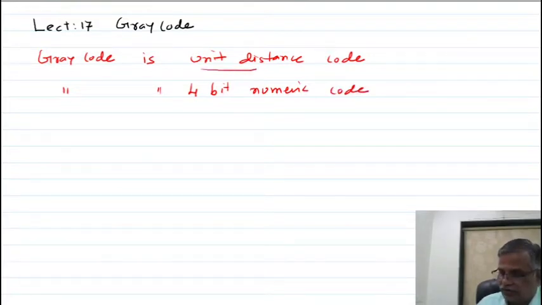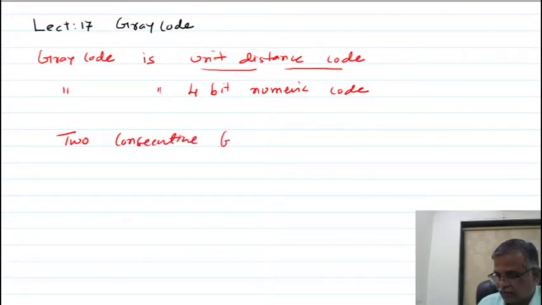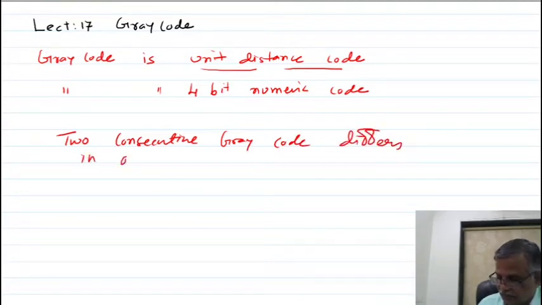It is a unit distance code because two consecutive gray codes differ in only 1 bit position.